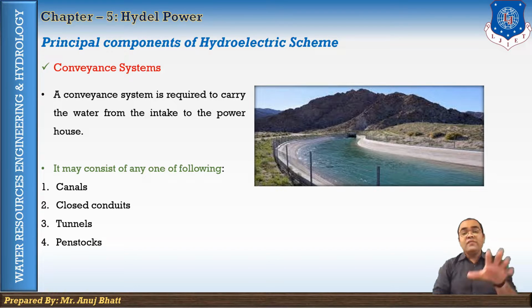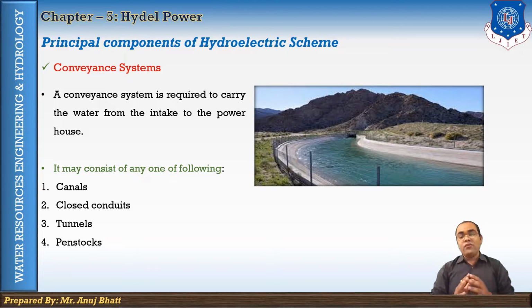So when the topography of the terrain is moderate and the discharge is large, canals are generally most suitable. If there is a high hill, a diversion structure can be provided, and at the powerhouse the tunnel may be more economical. The tunnel may have pressure flow or free flow. When the ground is very steep and rugged, penstocks are more economical.